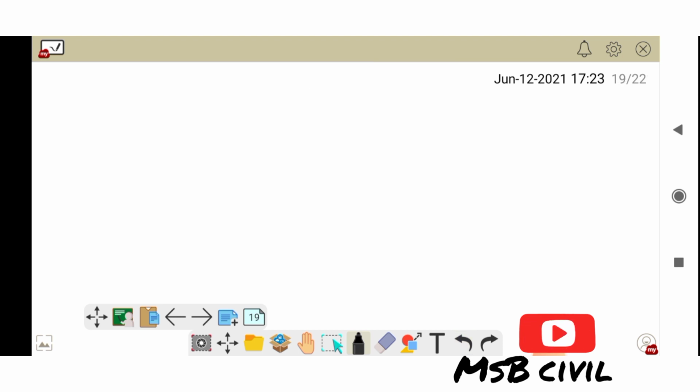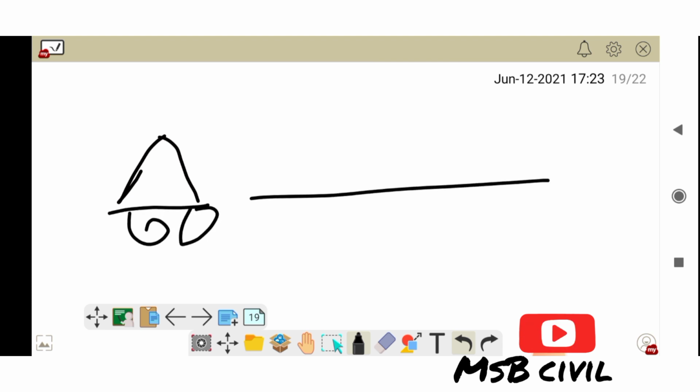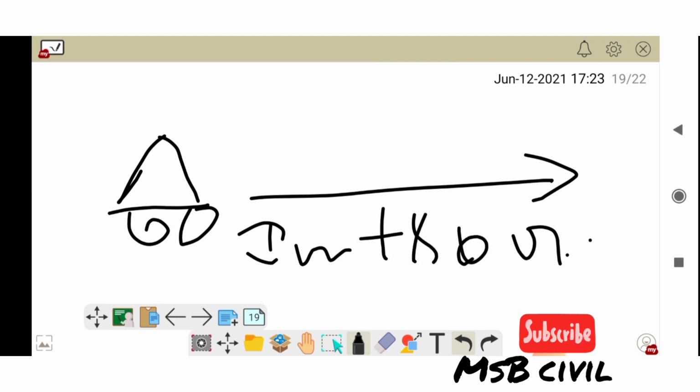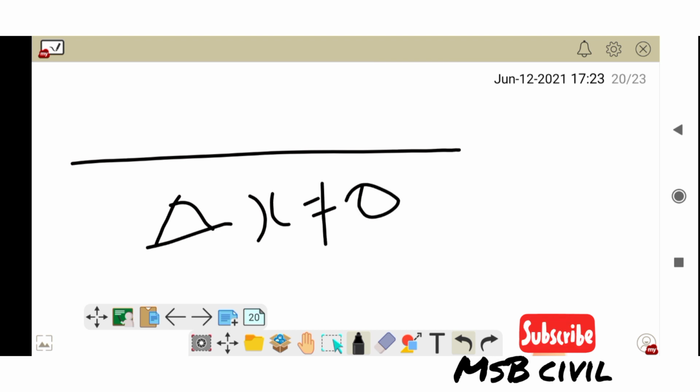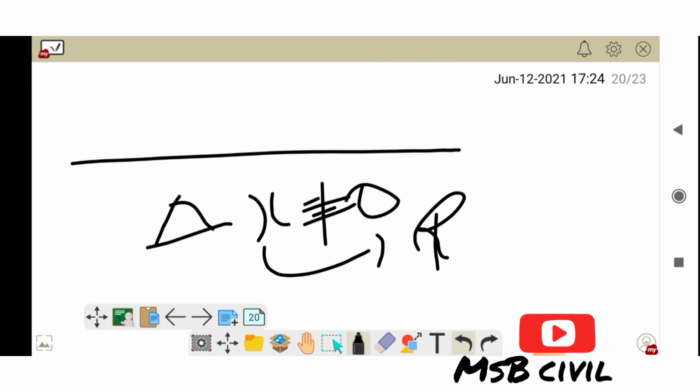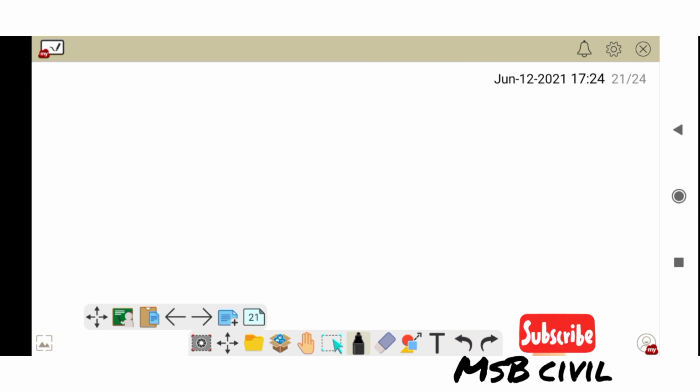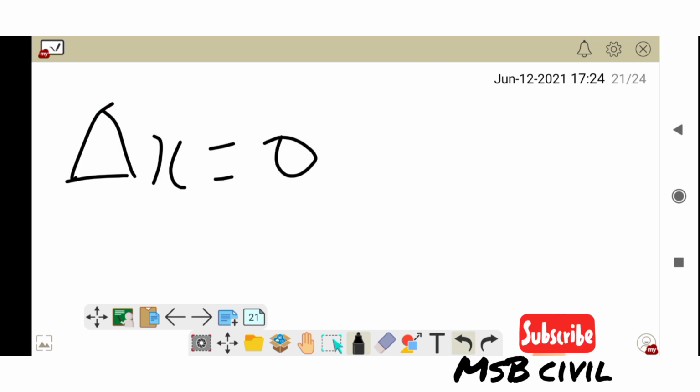When the load acts, it displaces in the horizontal direction. Therefore delta x is not equal to 0, because it is not restraining in the horizontal direction. The reaction is not restraining, it displaces the body from one direction to another.